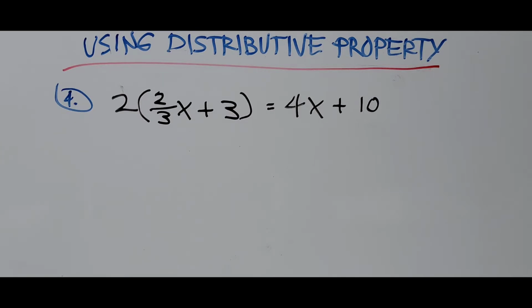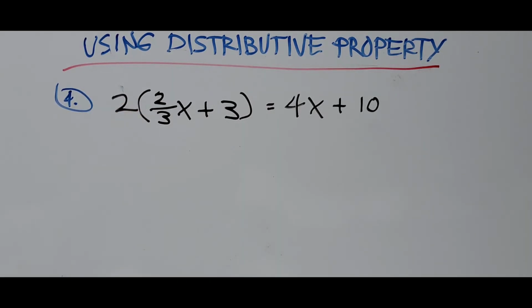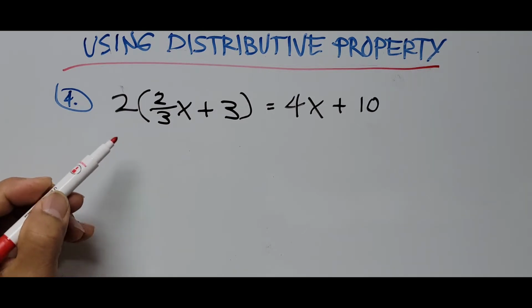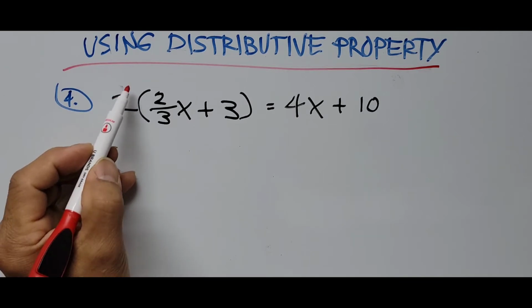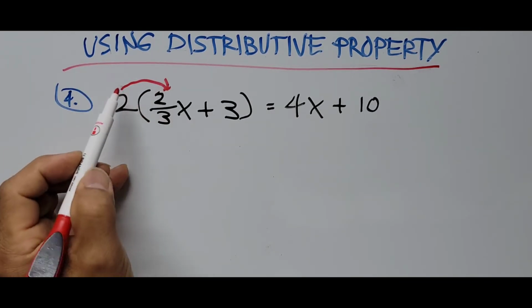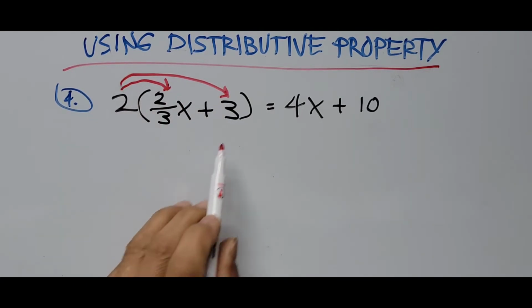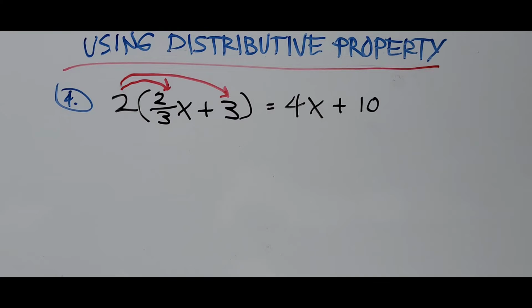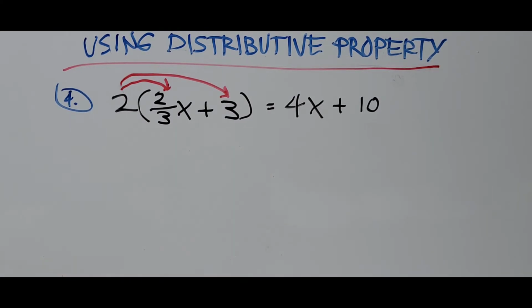The distributive property of multiplication over addition says that since the parenthesis indicates a multiplication operation, this coefficient 2 right here is multiplied to the first term, and 2 is multiplied to the second term. Two terms is a binomial. A monomial multiplying a binomial.